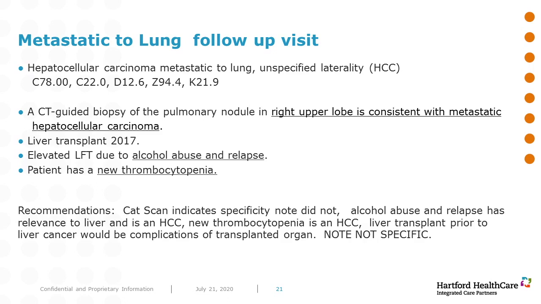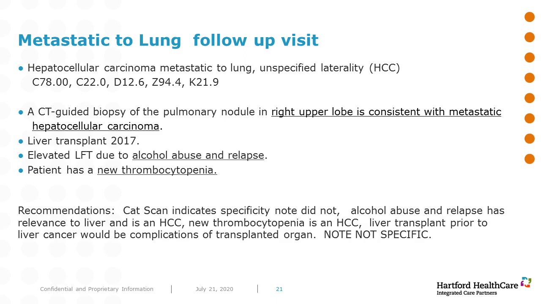In the note, you'll see that CAT scan guided biopsy of the pulmonary nodule was performed, and the right upper lobe is consistent with metastatic hepatocellular carcinoma. So why we have unspecified laterality to the lung, I don't know.